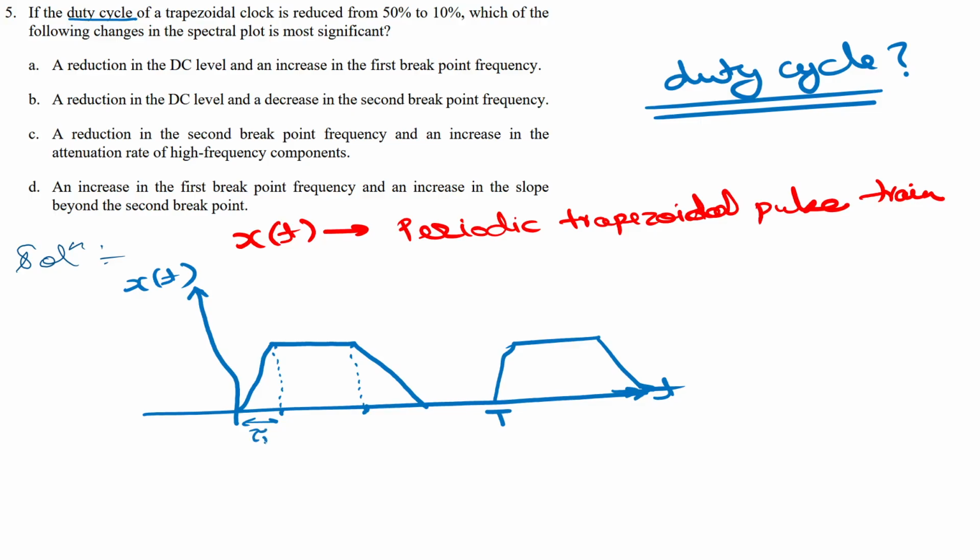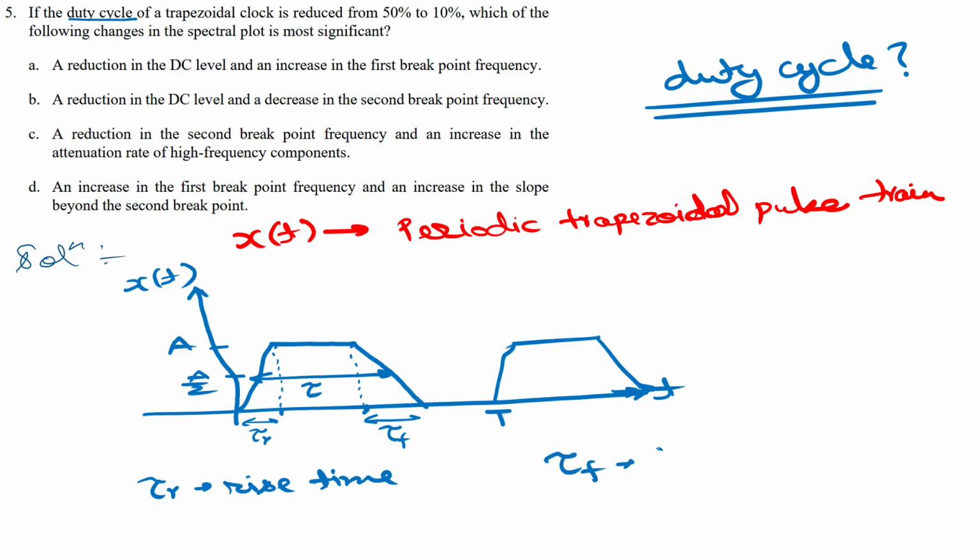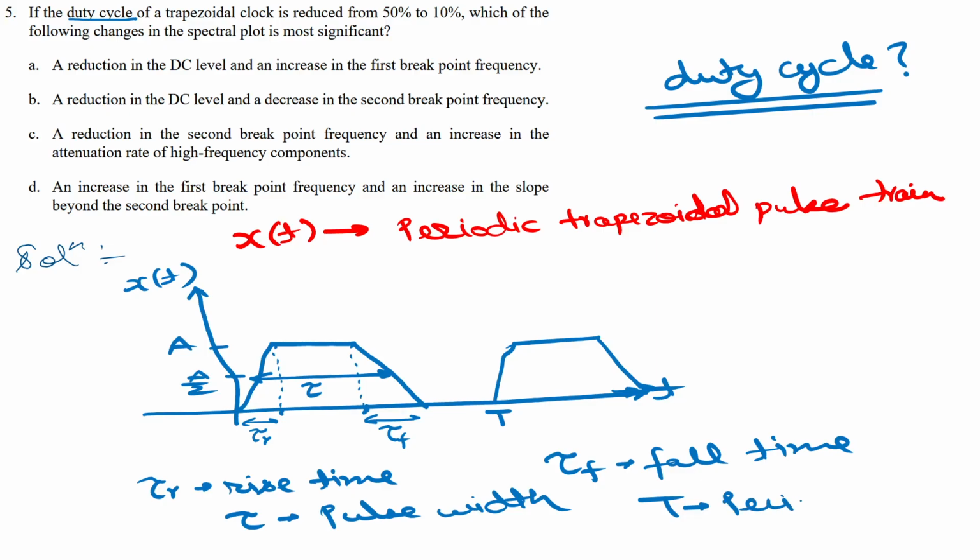So this is tau R and this is tau F, the rise time and the fall time. Let's say here it is A and this is A by 2. The width of this pulse at A by 2 is our pulse width tau. So tau R is the rise time, tau F is the fall time, tau is the pulse width, and T is the period of this periodic pulse train.